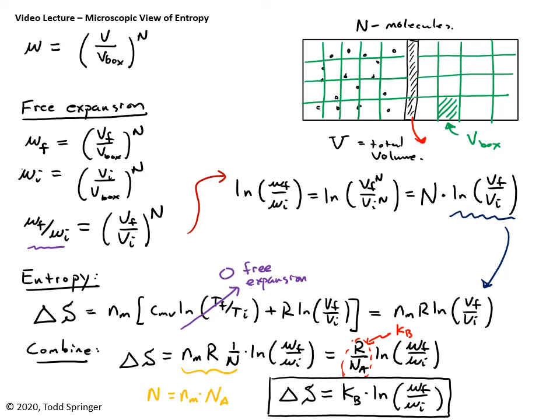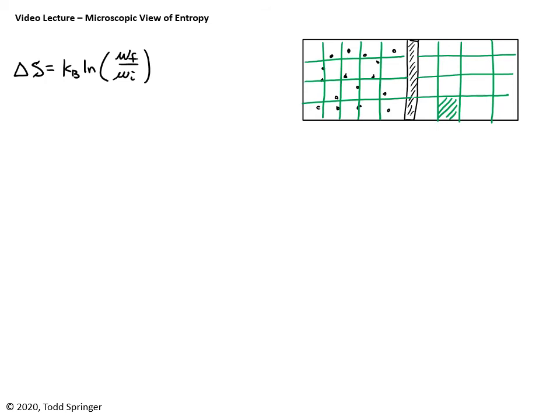So let's make this a little bit more precise on the next slide. So we've made a connection here between S, which is a macroscopic state variable, and the multiplicity, the number of microstates, small omega. We can go a little bit further.